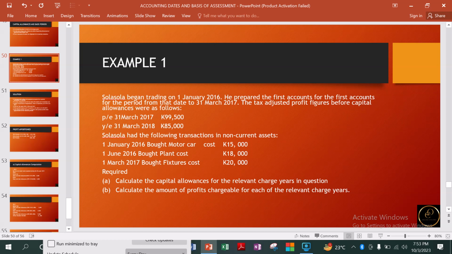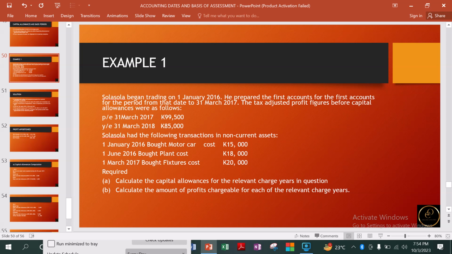He prepared the first account for the first accounting period from that date to 31st March 2017. The tax adjusted profit before capital allowances were as follows. Sosala had the following transactions in non-current assets. Required: calculate capital allowances for the relevant charge years in question, and calculate the amounts of profits chargeable for each of the relevant charge years.